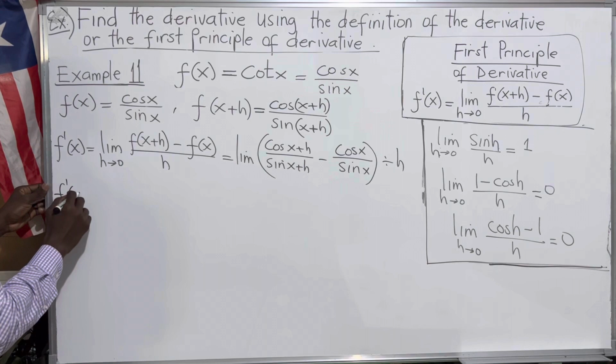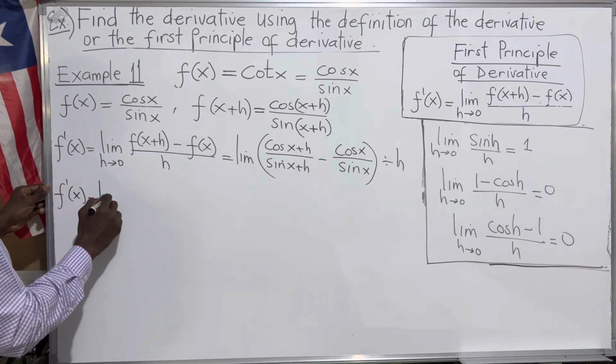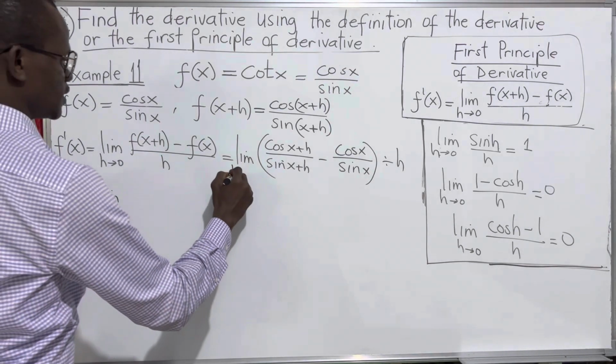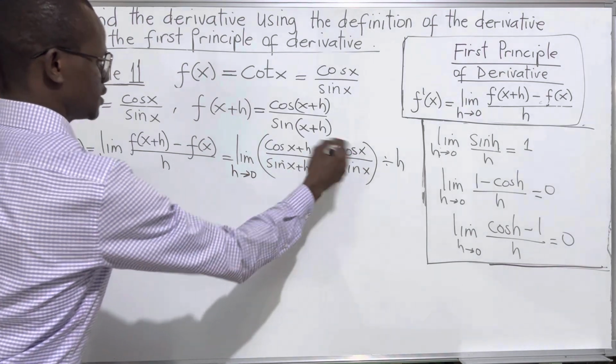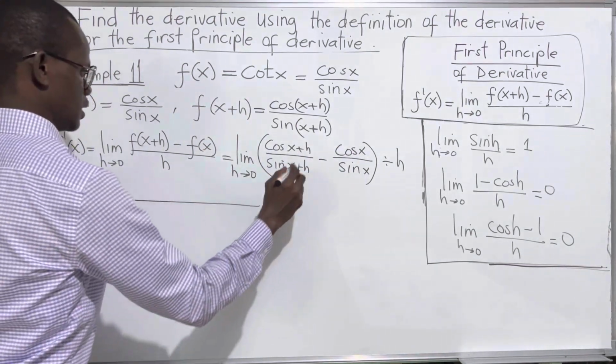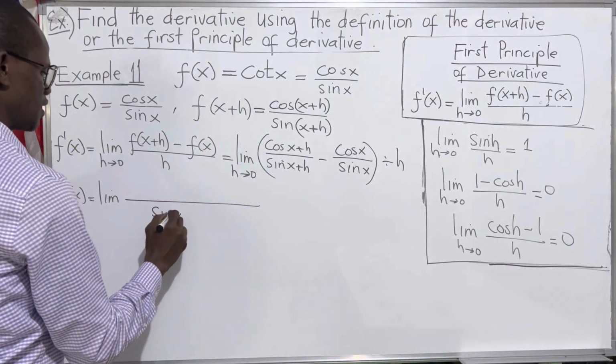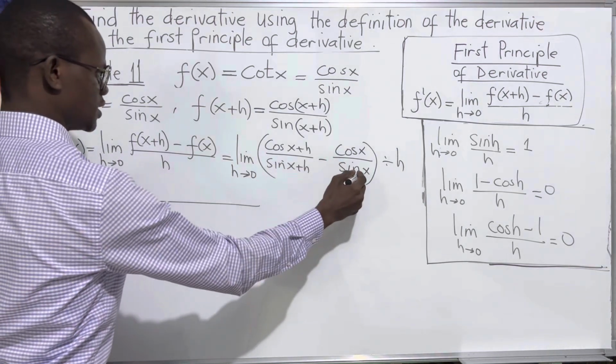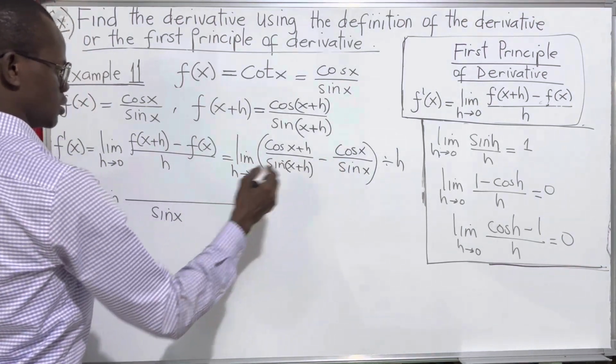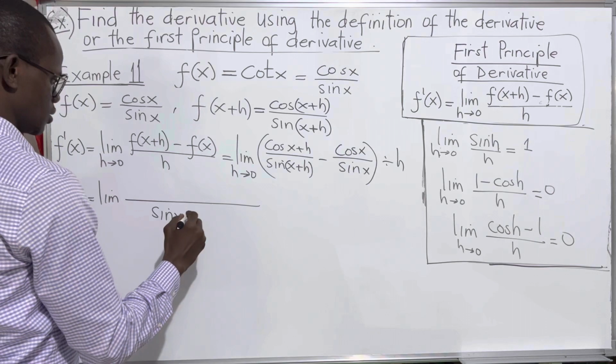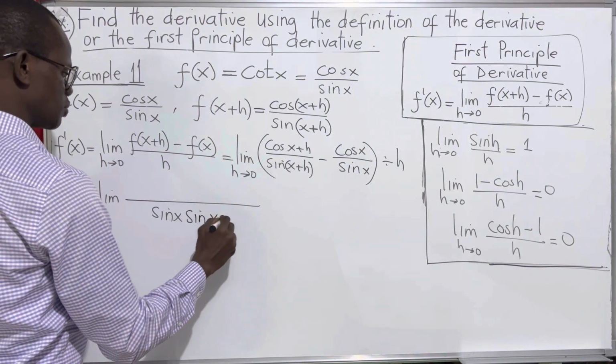So f prime of x is just equal to the limit. So we can simplify this expression. The LCD will just be sine of x times sine of x plus h.